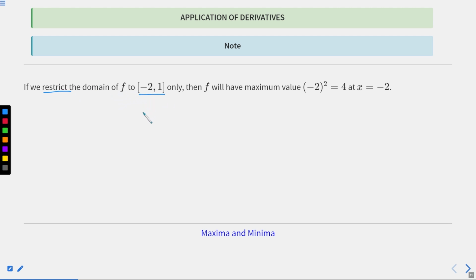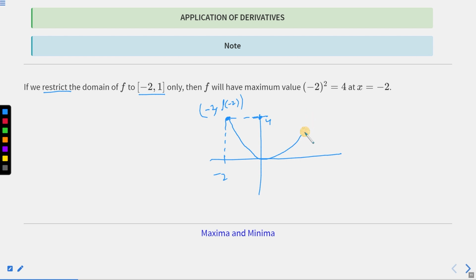Now if you talk about restriction, if we restrict the domain from -2 to 1, then your graph will be somewhat like this. This will be your -2 point. The leftmost point will be at -2, and this point will be f(-2), which is just 4, as you can see.